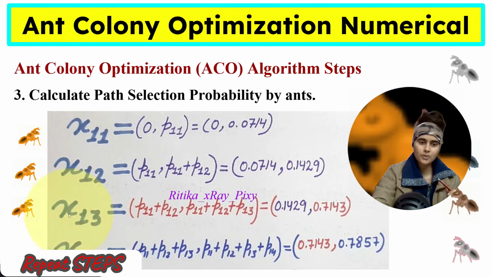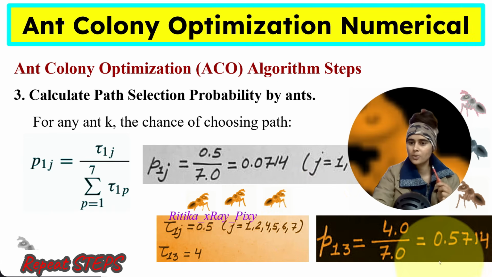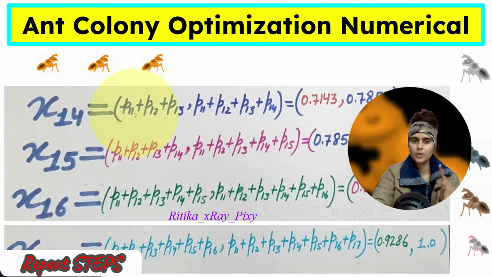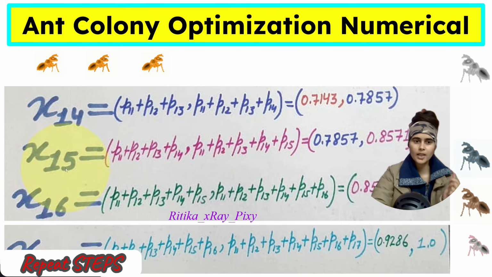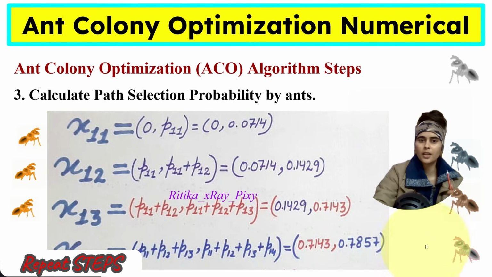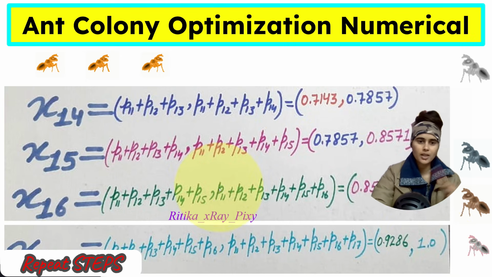Then for x13 it is P11 plus P12 comma P11 plus P12 plus P13. Put the value here. The P13 value is 0.5714. Same for x14: P11, P12, P13 comma P11, P12, P13, P14, like that for x15, x16 and x17. You can see the range is from 0 to 1. All the values are between 0 and 1.